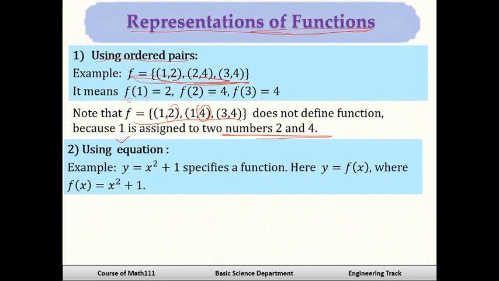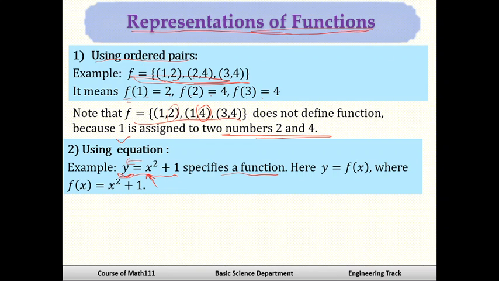Now, another way is to write an equation between x and y. Look at this one: y equal to x squared plus 1 specifies a function. When you put a number here, you get the value y. So for each x value, you get one y value. So it's a function.